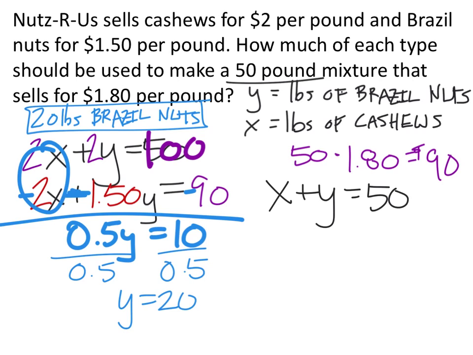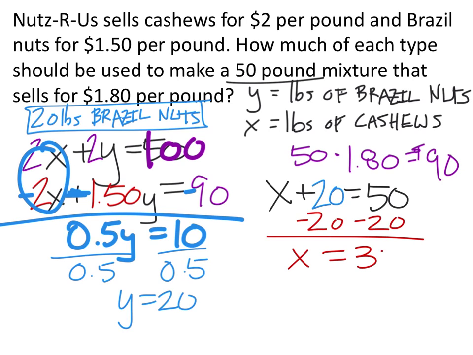But on this one we say that y is 20, so I'm going to replace y with the 20, which we found earlier. So x plus 20 is 50, so to find the value of x, I simply need to subtract 20 from both sides. So x is 30. So x was pounds of cashews, so I need to describe that in my answer.